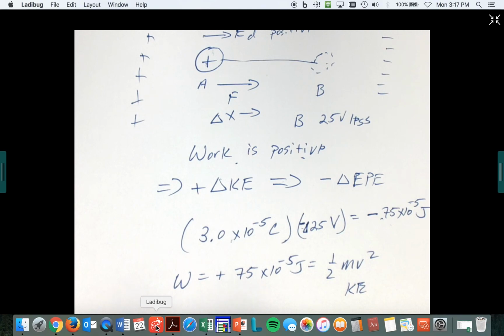Okay? So let's just go ahead and put in that answer. And we get, I'll do it one more time too, 2 times 3.0 times 10 to the negative 5 times 25, divided by, what's its mass? 1.8.